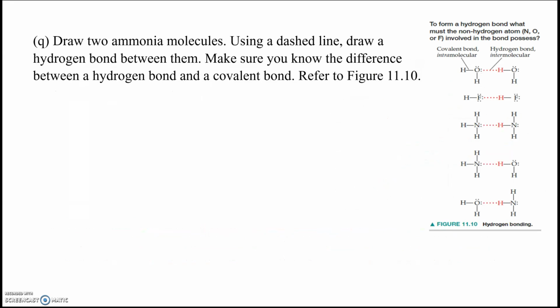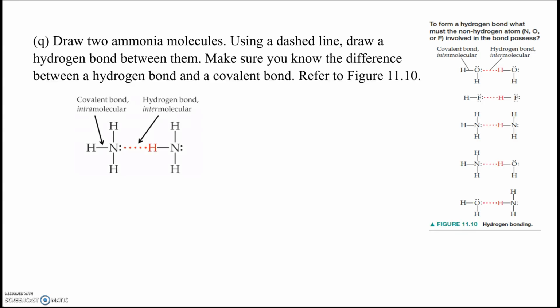All right, question Q asks us to draw two ammonia molecules, and using a dashed line, we want to draw a hydrogen bond between them. And we need to make sure we know the difference between a hydrogen bond and a covalent bond, and it refers us to figure 11.10, which is right here. All right?